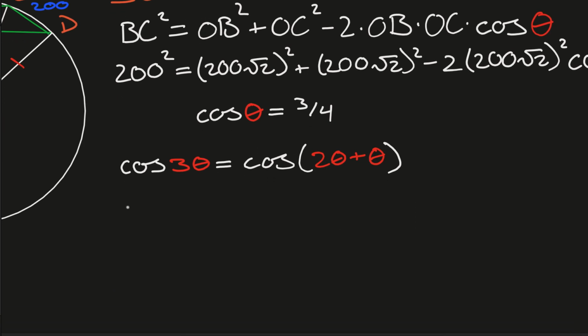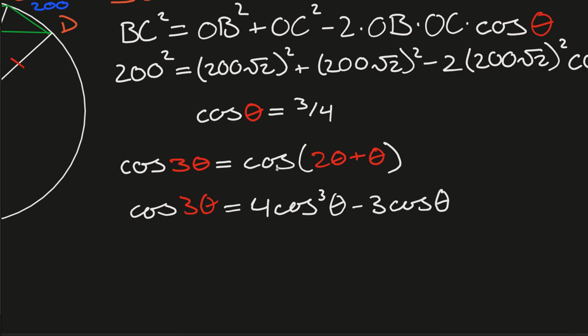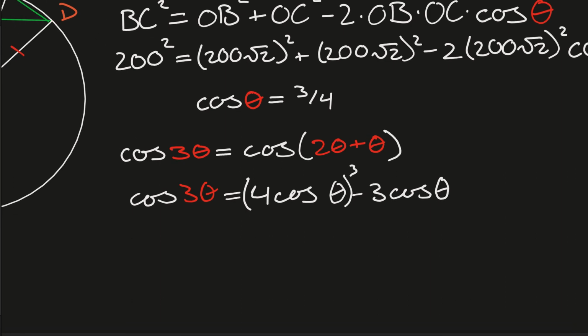However, just for the sake of time, I'm simply going to give the formula we should obtain at the end, which is 4 cosine cubed theta minus 3 cosine theta. This notation simply means quantity cubed. In order to find this, we know that cosine theta is 3/4, so I'm going to plug this in.